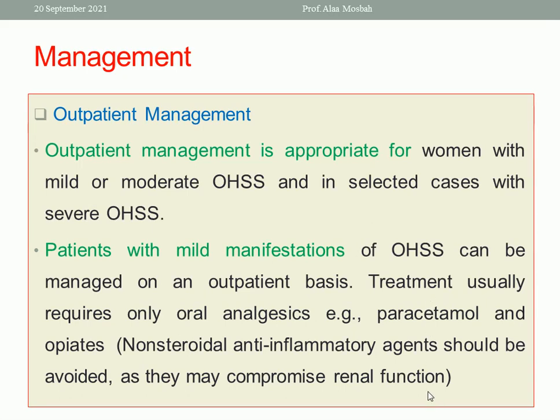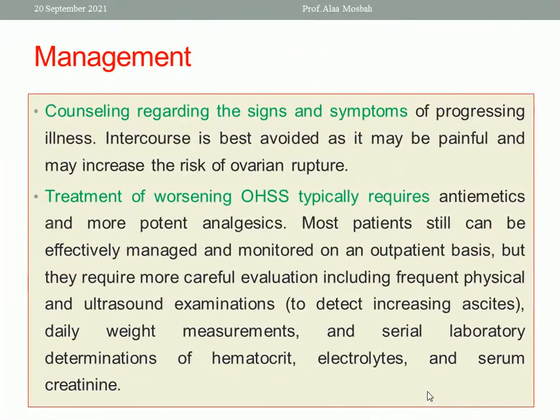Treatment usually requires only oral analgesics like paracetamol or opiates, but don't give the patient non-steroidal anti-inflammatory drugs because they may hurt the kidneys and compromise renal function. So give paracetamol or opiates as more suitable painkillers.